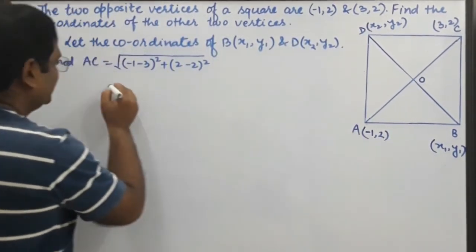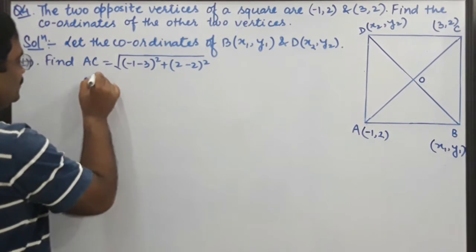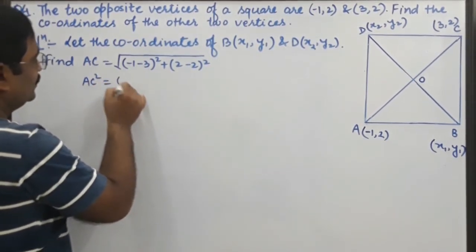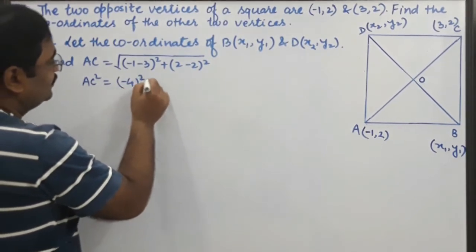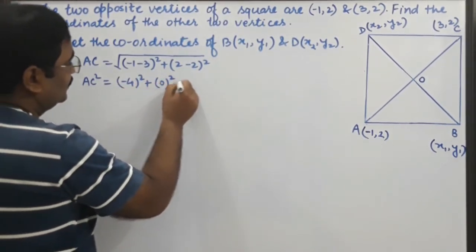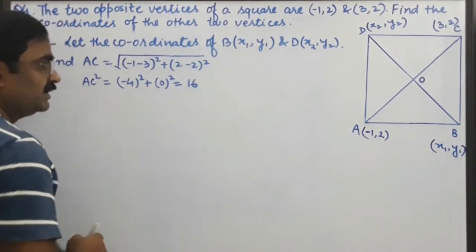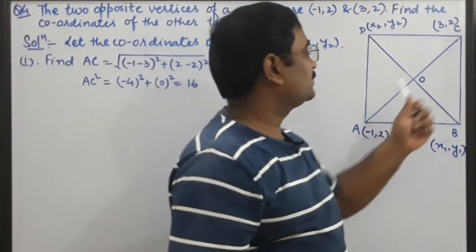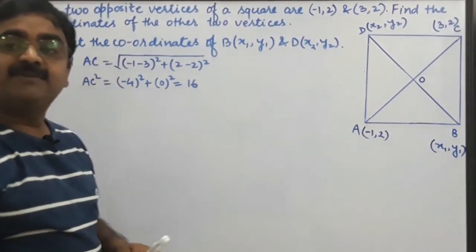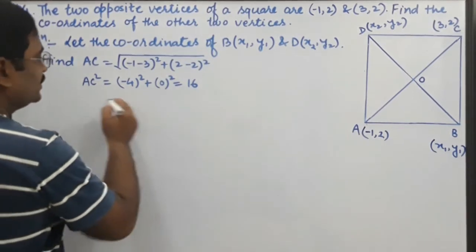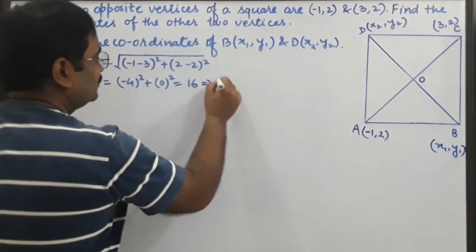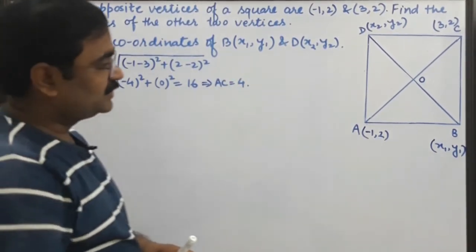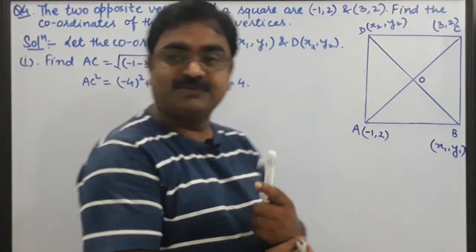So AC square equals (minus 4) whole square plus 0 square, which is 4 fours are 16. So the measure of AC square equals 16, and therefore AC equals 4 units.